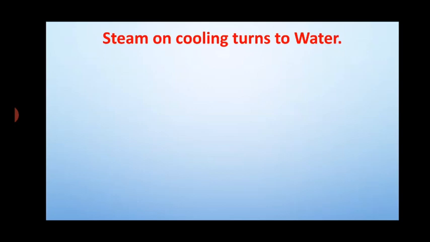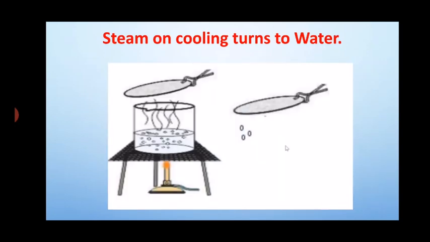Okay, moving on, let us talk about the next point here. Now steam, when it cools, let us see what happens in the opposite process. We saw how ice becomes steam. Now let us talk about how steam becomes water. Okay, so steam, when you cool it, look, this is again a beaker with boiling water, and if you hold a steel plate on top of that beaker like this, what happens?